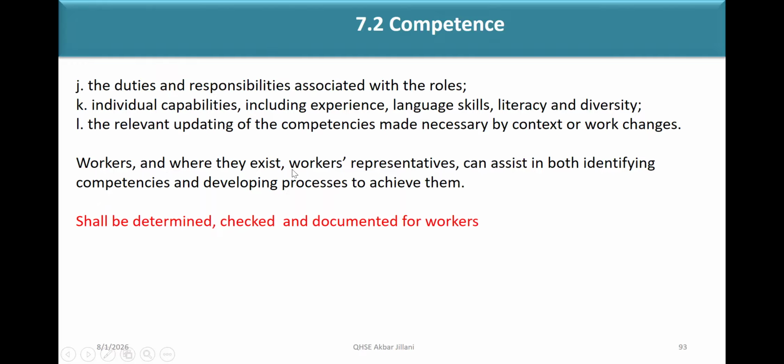Workers, and where they exist workers' representatives, can assist in both identifying competencies and developing processes to achieve them. Competence shall be determined, checked, and documented for workers. Like, see, somebody is working in the welding department, because in the organization we have a fabrication unit.